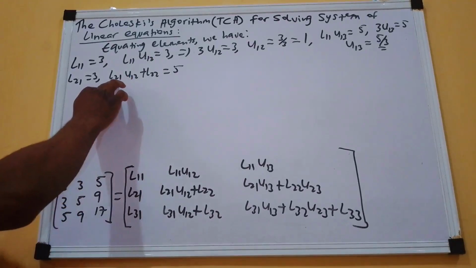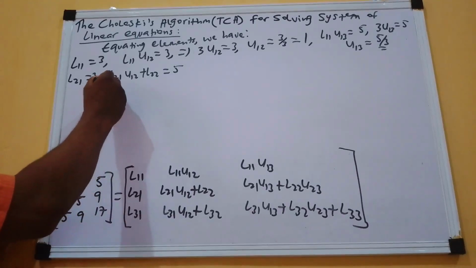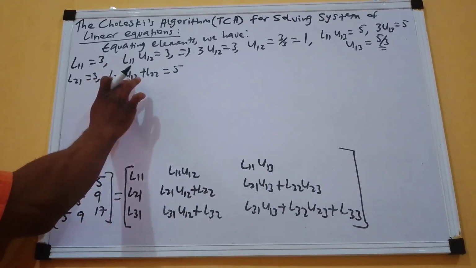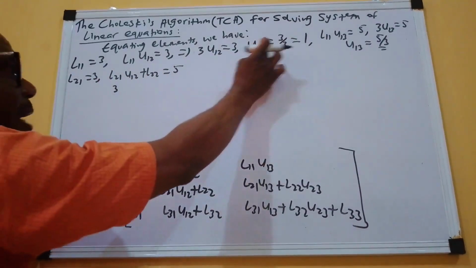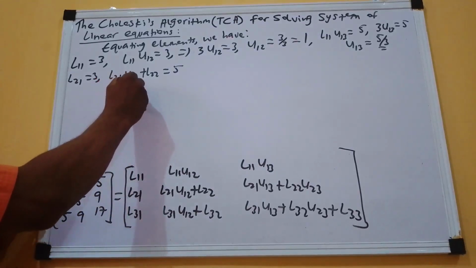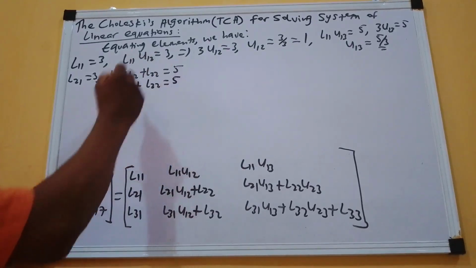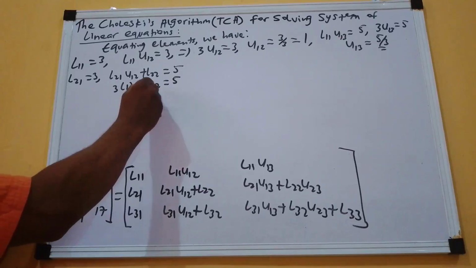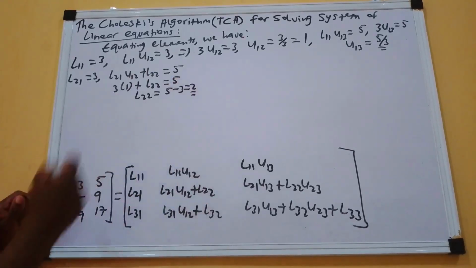Now we already have our L21, which is 3. Then our U12, we already got to be 1. So this will be 3 into 1 plus L22 is equal to 5. So our L22 is equal to 5 minus 3 is equal to 2.